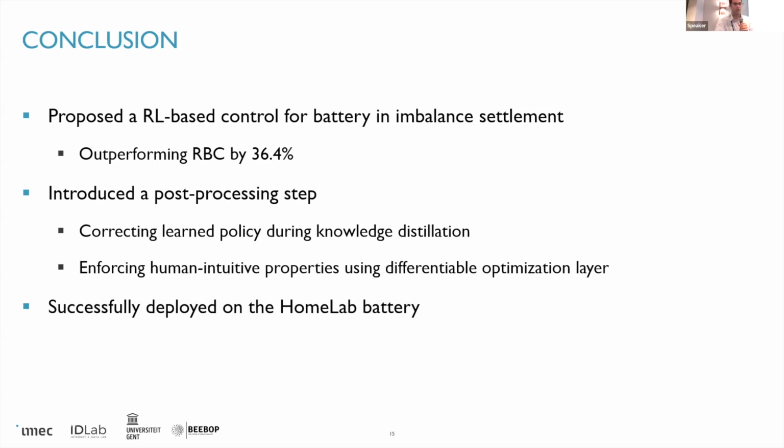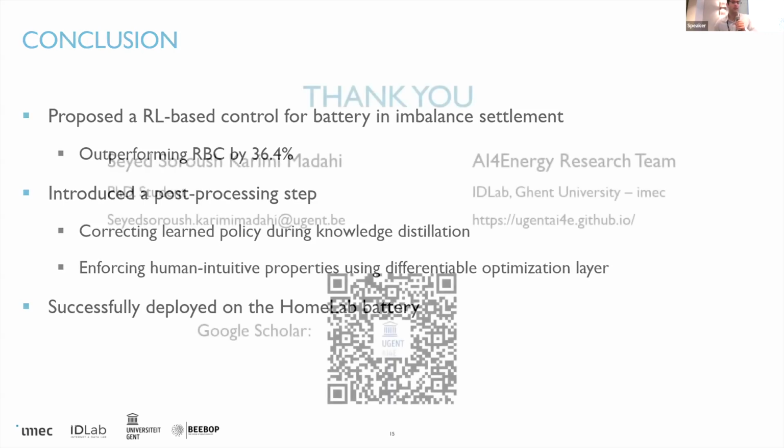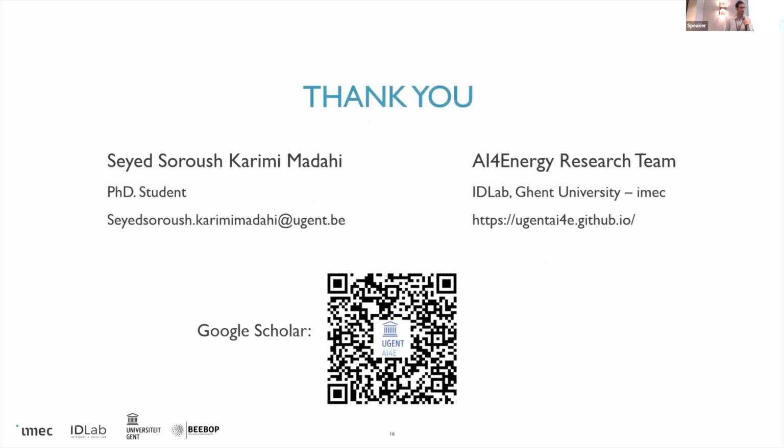And finally, we successfully deployed our model on the home lab battery. So that's my last slide. Thank you for your attention. If there are any questions, I'd like to answer.